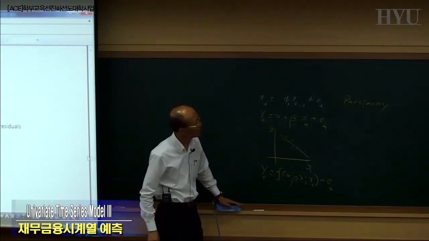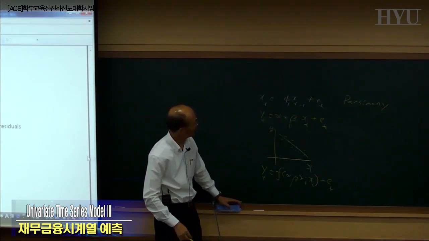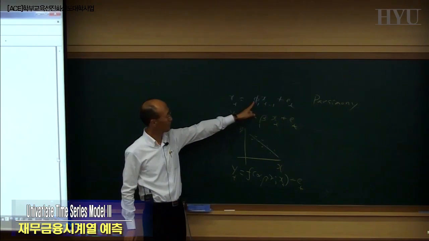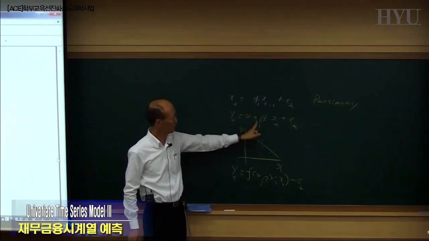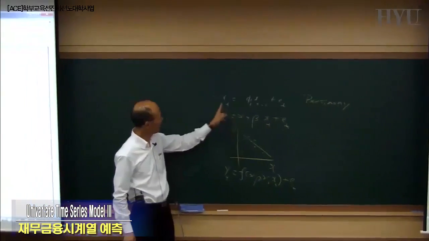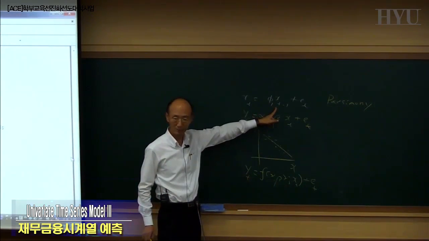But the way least squares and nonlinear least squares are constructed is, given some guess value on the parameters, you have data x and y, or x and x of t minus 1.